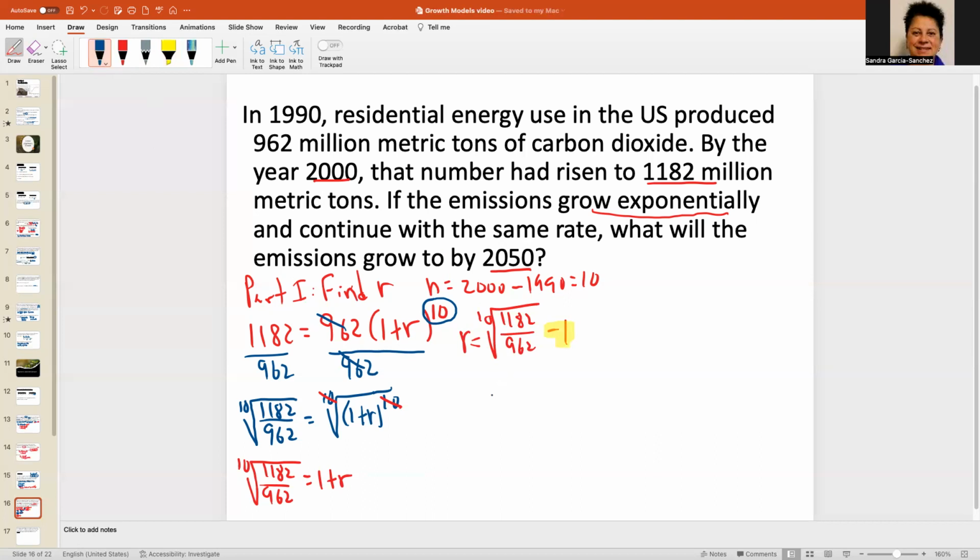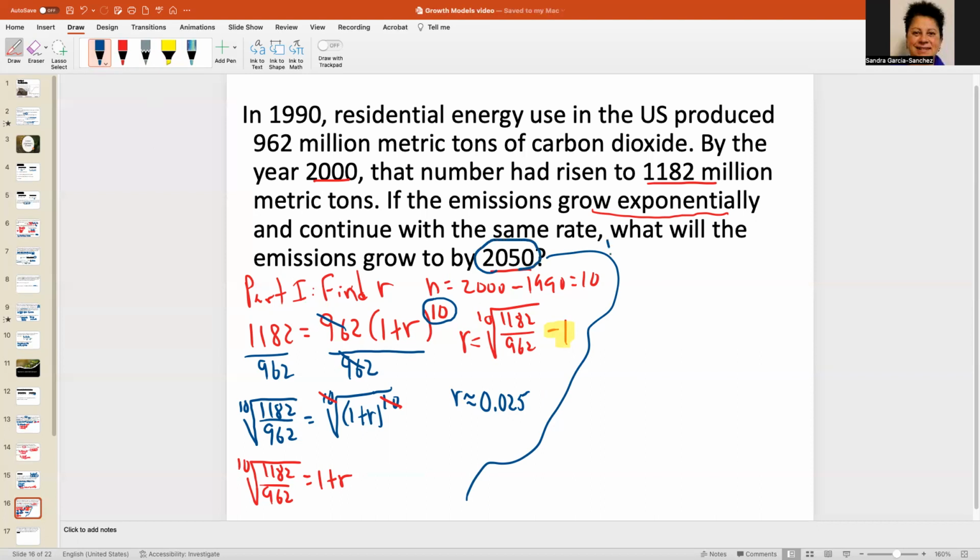It's not inside the root. And when you do that in your calculator, R is going to be approximately 0.025.